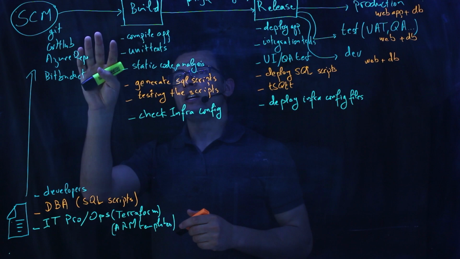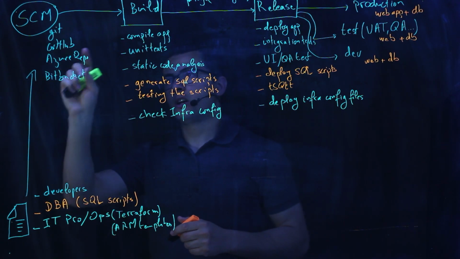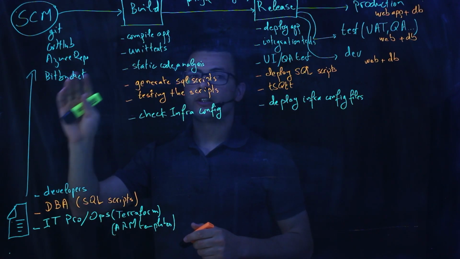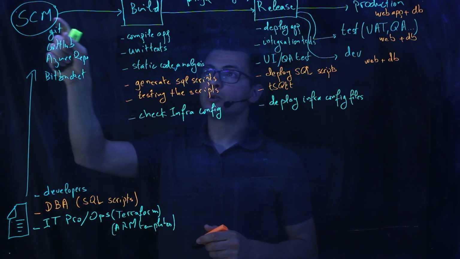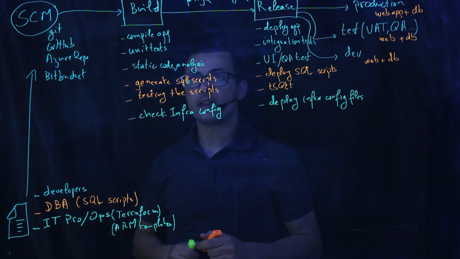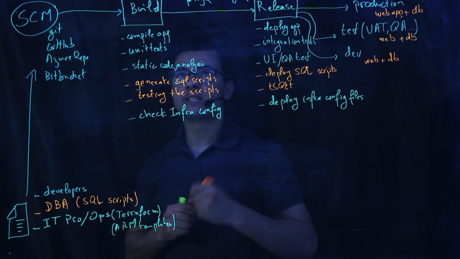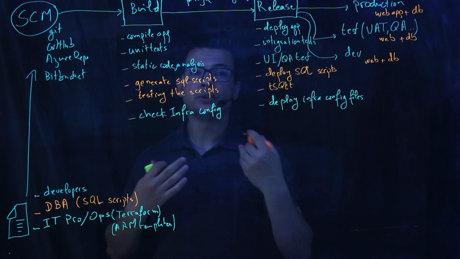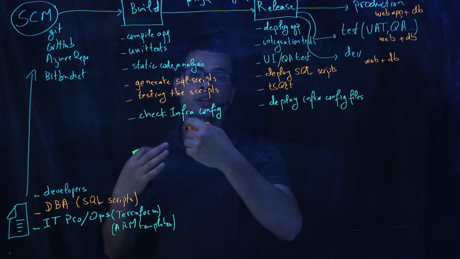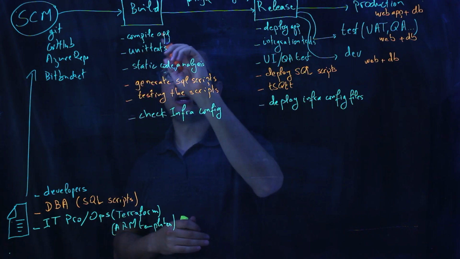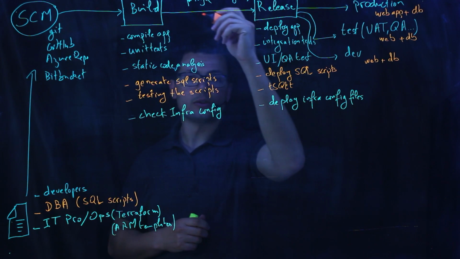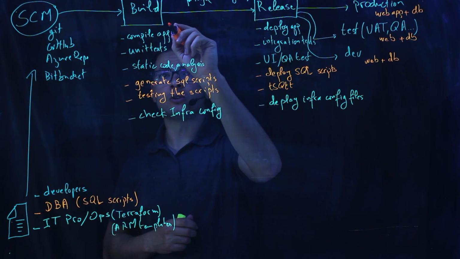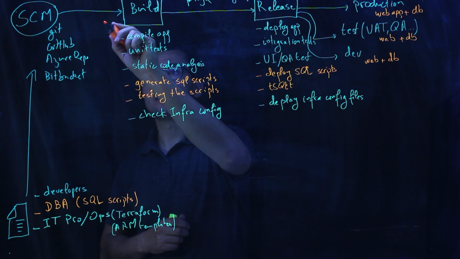Say, for example, each time I have a new git commit or git push to the source code management system, I want to trigger the build. At that time this will be called the CI pipeline, or continuous integration. Each time I have a new change, I want to trigger the build pipeline.